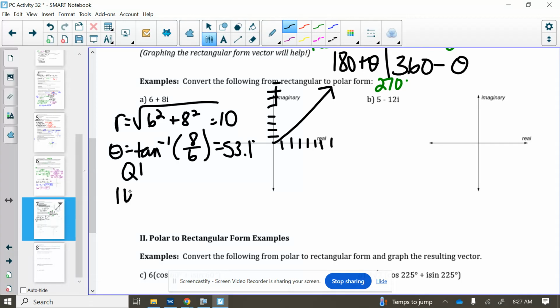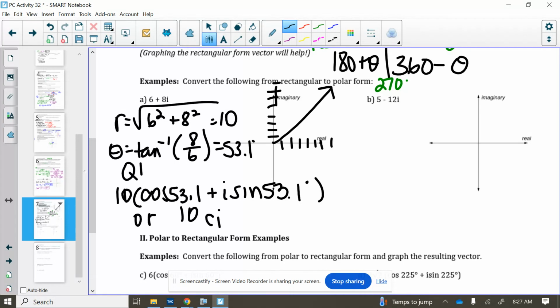So we're either going to write this as 10 on the outside, cos theta plus i sine theta, or you're going to see this represented in cis notation where you write the r, cis, and then the 53.1. So cis stands for cosine i sine.